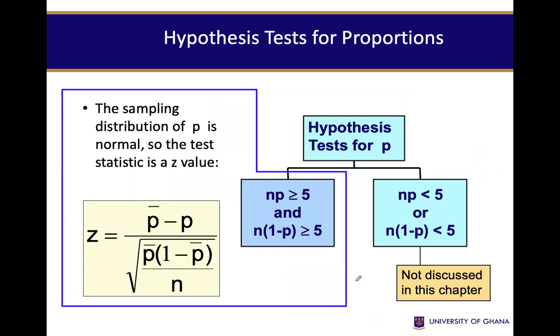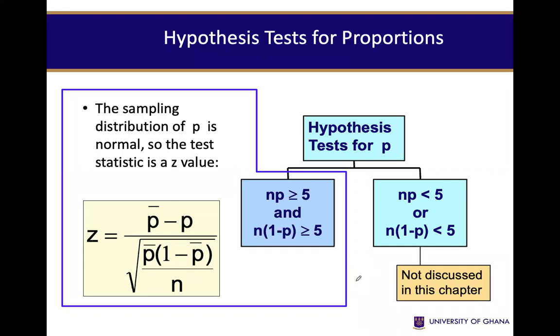Okay. Now, we are just going to discuss only one aspect. In the test of means, we discussed 3 situations, right? But in the test of proportions, we are just going to discuss only one situation. The rest is beyond the scope of this class. So we are just going to look at the situation where np is greater than or equal to 5, and n into 1 minus p is also greater than or equal to 5.